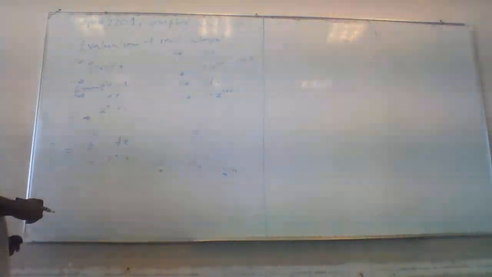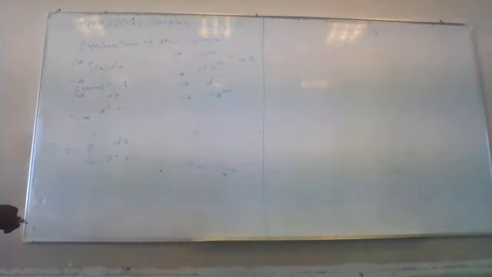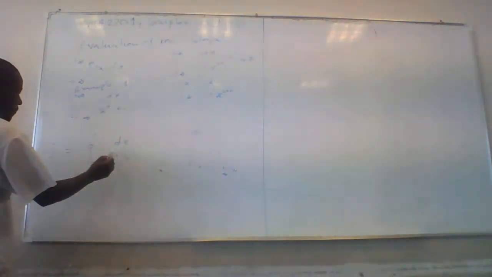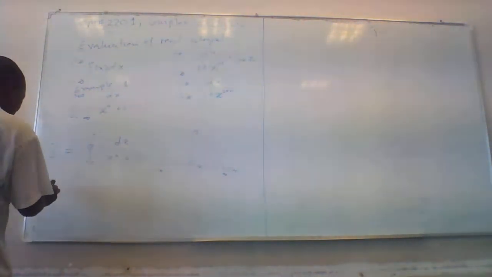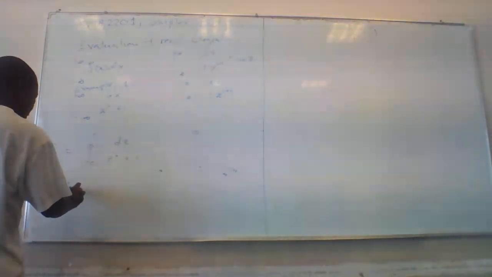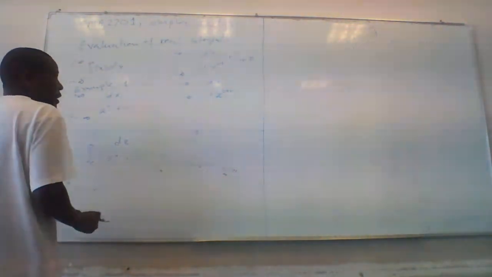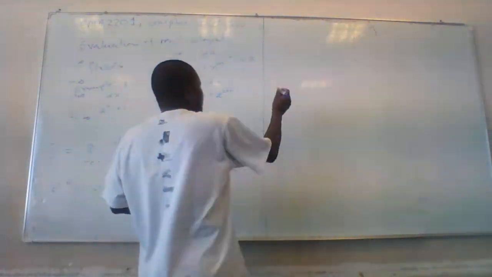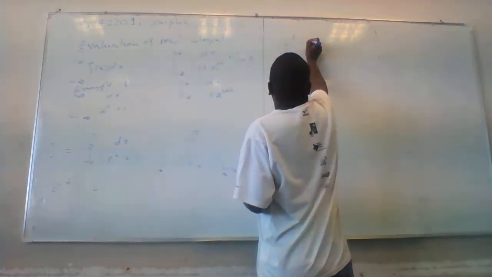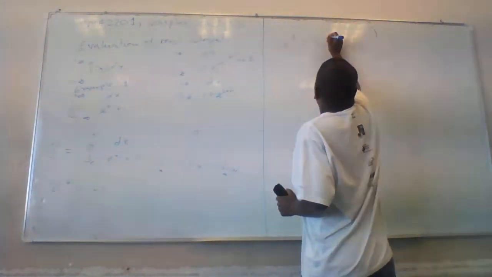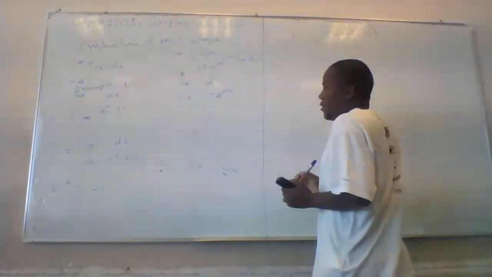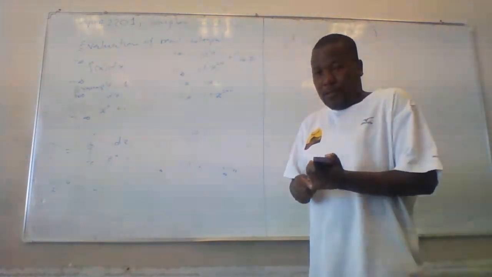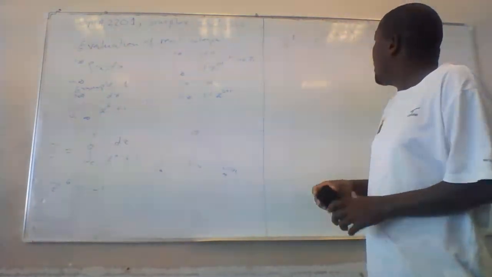We know that we have poles whenever the denominator is equal to 0, so that is to say when z to the 6 is equal to minus 1. I can rewrite this as z to the power 6 equal to e to the i (2k plus 1) pi, using Euler's formula, replacing minus 1 with that.